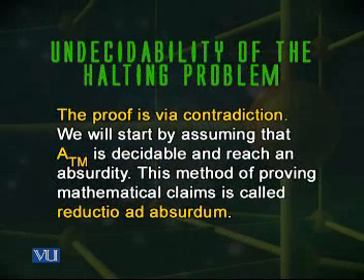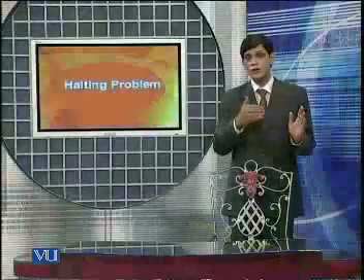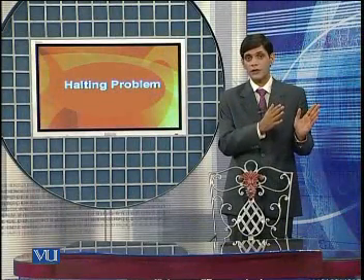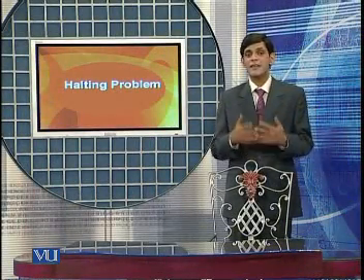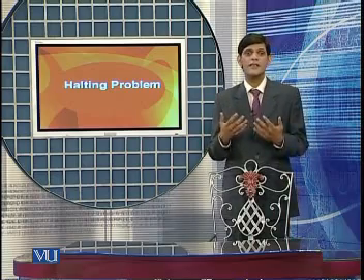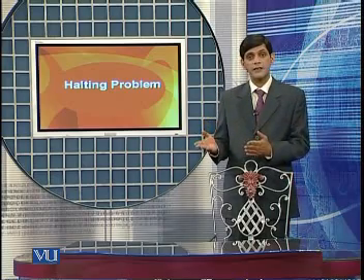The proof is going to be by contradiction. A proof by contradiction goes as follows. Suppose you want to prove that ATM is not decidable. So you assume the opposite, that is, you assume that ATM is decidable. Then you follow logical steps from that assumption, and after following a certain number of logical steps, you reach a logical absurdity.